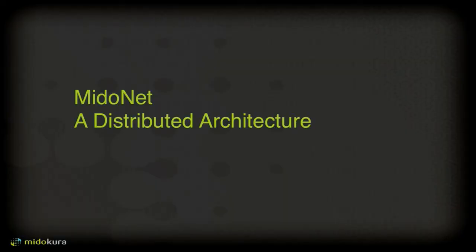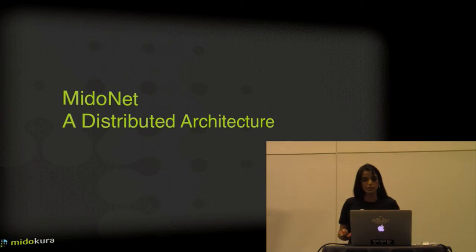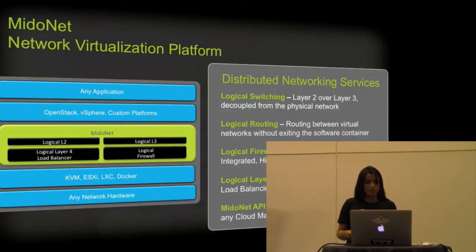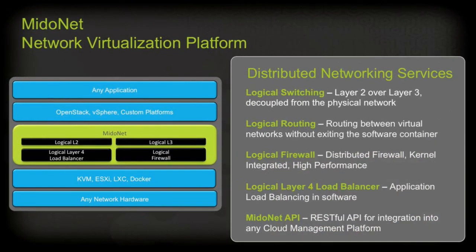So I'll talk about MidoNet as a completely distributed architecture with no single points of failure, where a lot of the intelligence, or all of the intelligence, is at the edge on an as-needed basis. So MidoNet is a software network virtualization overlay done completely in software, achieving layer 2 through 4 services in a completely distributed manner, and is meant to run over any existing infrastructure.